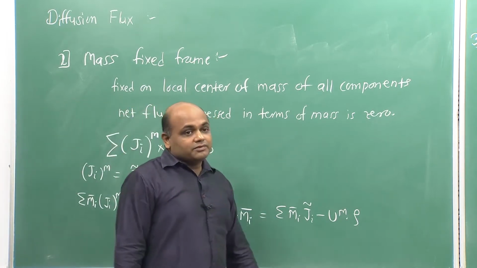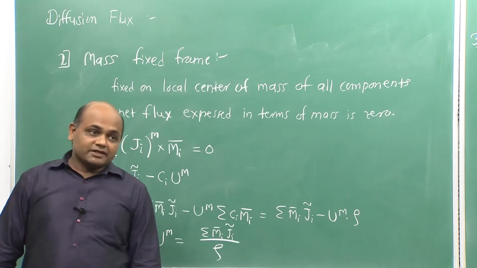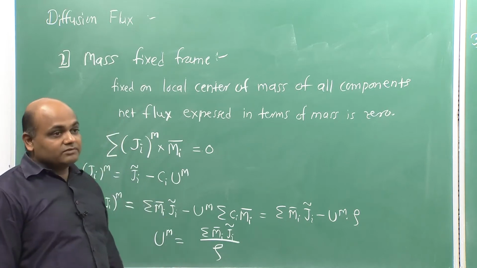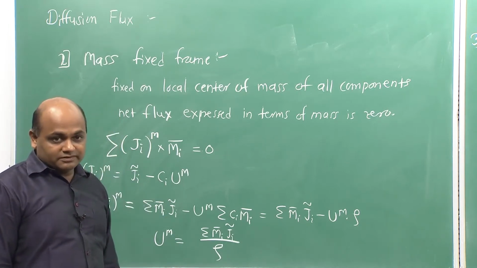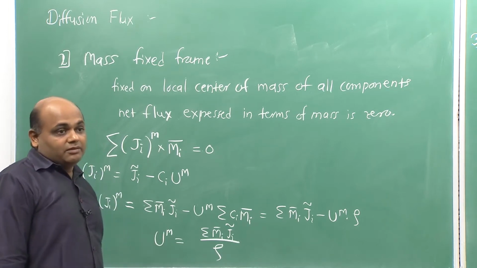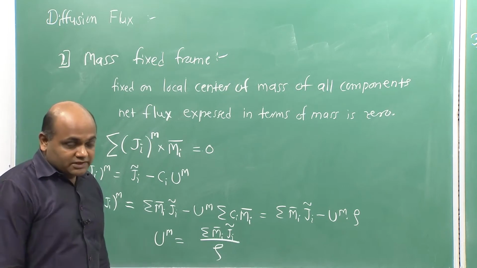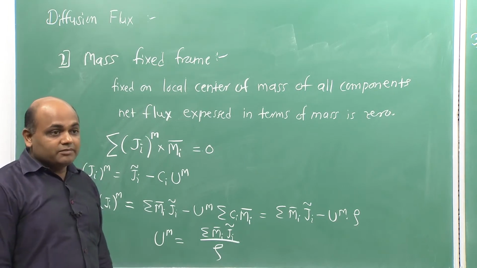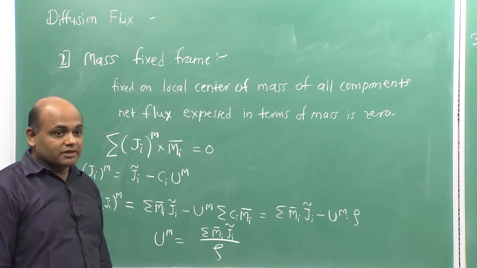So, the advantage of using these different frames of reference is that we can make one flux dependent. So, we will see later on that it will help us to reduce the number of diffusion coefficients needed to describe the diffusion in a particular n component system.